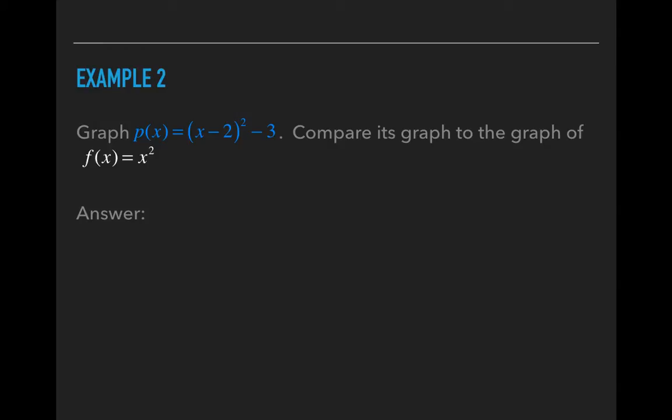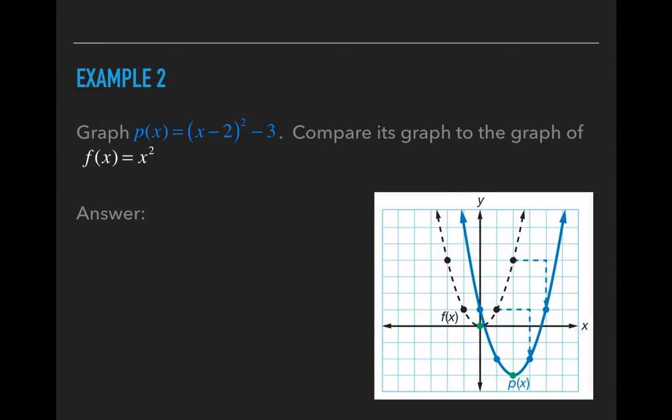Make sure that they are drawn with precision, and also draw your parent function on the same coordinate plane to compare them. All right, so the graph should look, well, no, it should look exactly like this. P of x is in blue, and that parent function is in that kind of dashed black line.